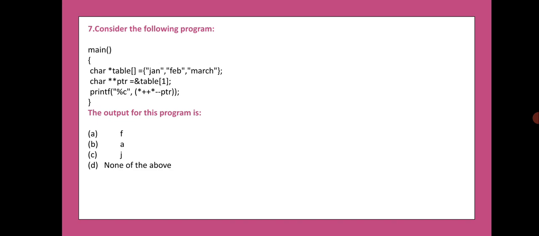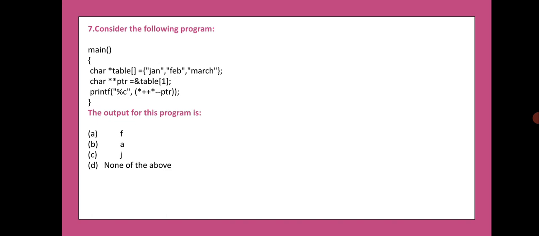It's simple. What does it want to print? The pointer increment function, put braces. You will see ptr will be pre-decremented. So when it is incremented, it starts pointing to the next element. ptr is associated with table[1], right?